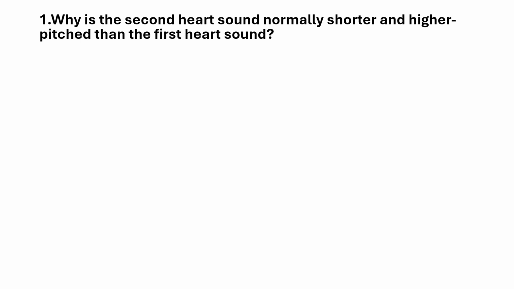So the first question is, why is the second heart sound normally shorter and higher pitch than the first heart sound? Second heart sound is due to the closure of semilunar valves and first heart sound is due to the closure of atrioventricular valves. The atrioventricular valves are larger and the vibrations produced by them will be less compared to the semilunar valves, which are smaller and produce high frequency vibration.